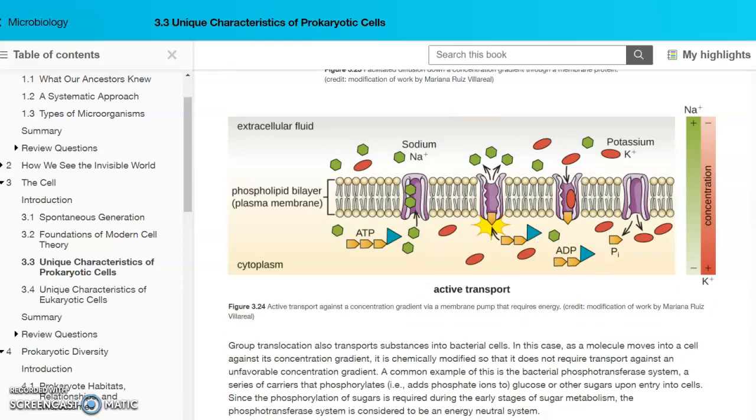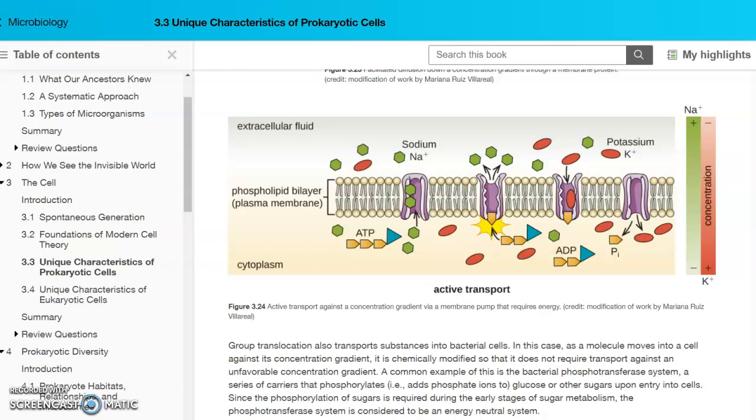Now, active transport is completely different. With active transport, we're moving substances against their concentration gradient. In other words, we're trying to move them from an area where they're in low concentration to an area of high concentration, which goes against their gradient. So we have to use energy for this to happen.